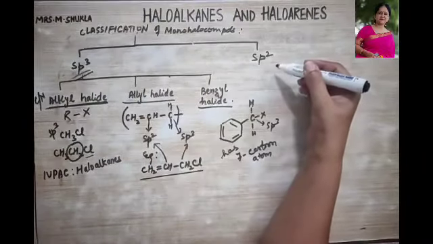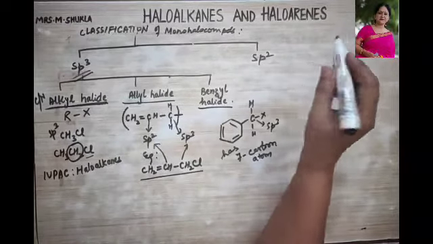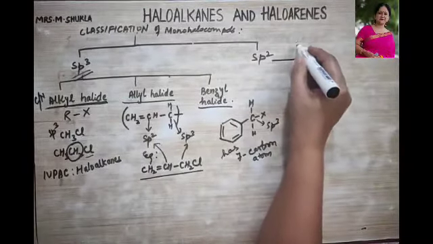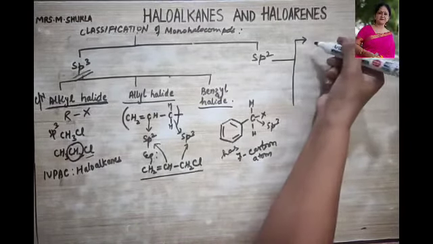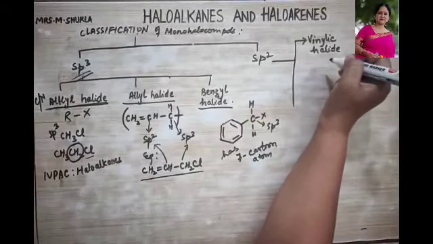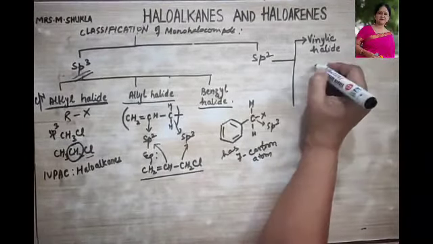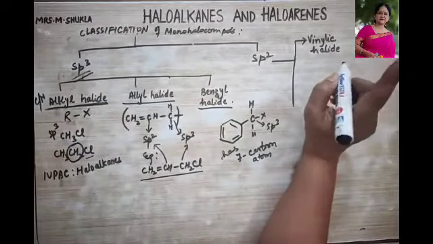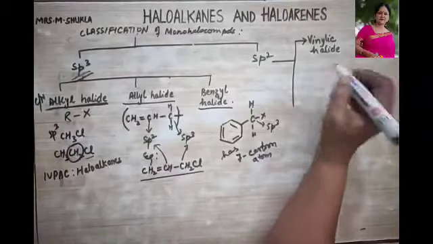Now let us talk about Sp2 hybridization. Sp2 hybridization is very simple. It is again divided into two types. What is the first one that we are going to study? Vinylic halide. What do we understand by vinylic halide? Over here the halogen is attached to an Sp2 hybridized carbon.